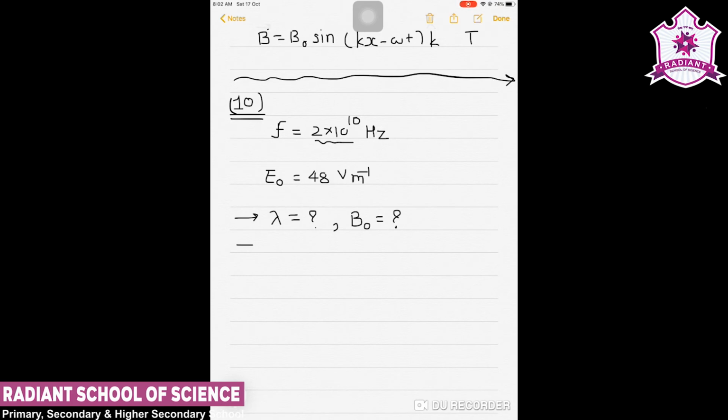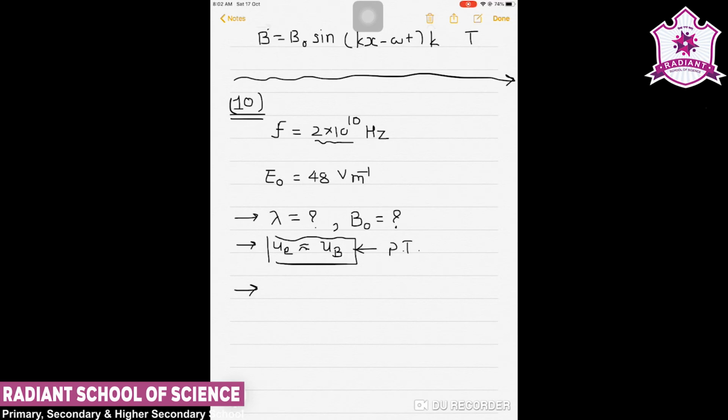So third, we have to show or prove that the average energy density UE equals the energy density of B. So first of all, we will find the basic values.